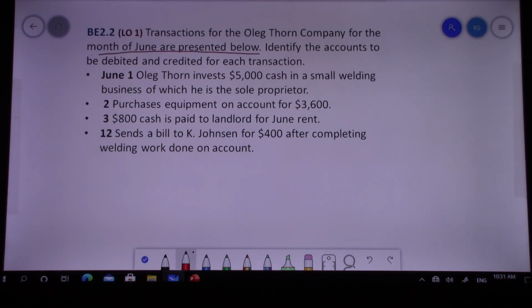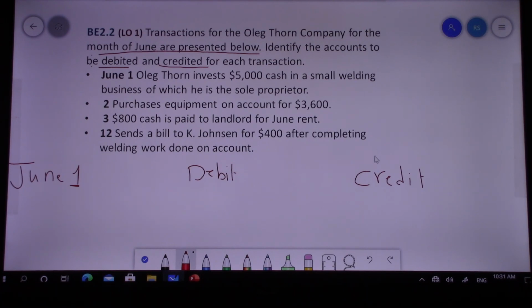Identify the accounts to be debited and credited for each transaction. Let's start with June 1st, the first transaction. We have to state which item is debited and which item will be credited.